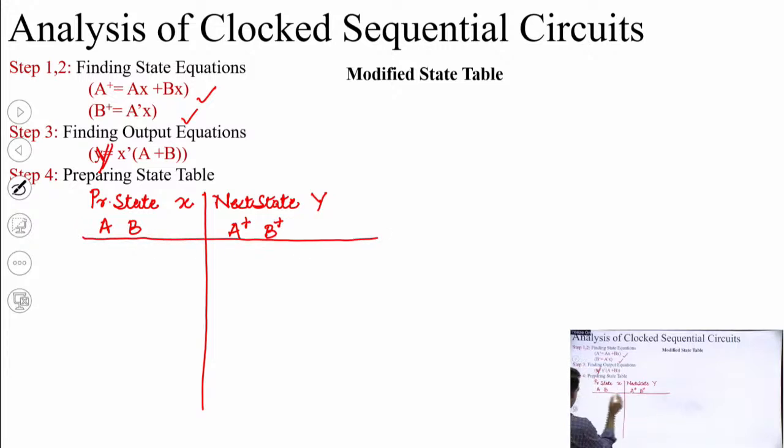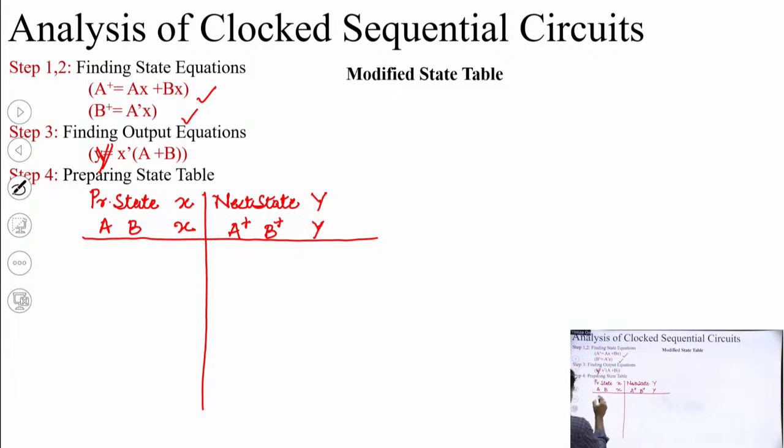I am repeating these X and Y. So A, B, X and A plus, B plus, Y. A, B, X are the controlling variables. We have to feed the values of these A, B, X, and we will get the next state values of A plus, B plus and the final output.